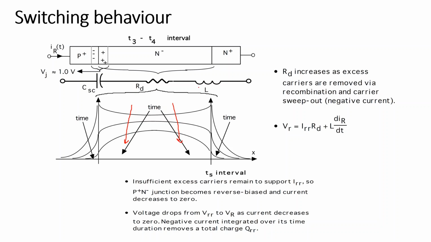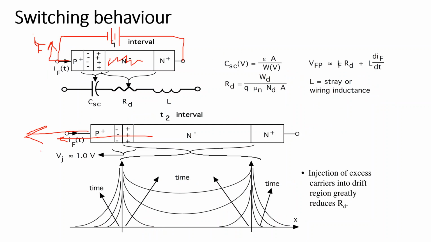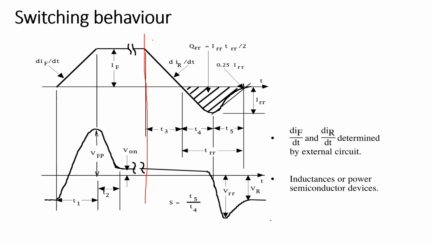Okay, so initially the forward current was flowing in this direction. Now we are sweeping out the current in the negative direction, and there is inductance in the circuit, so the current does not become negative instantaneously. It follows a linear curve.